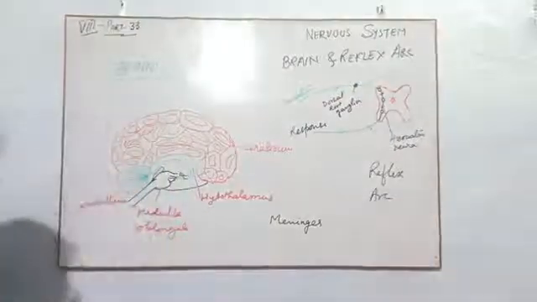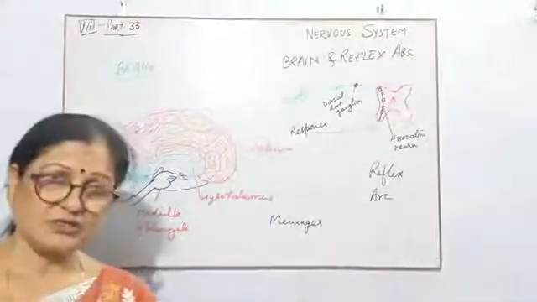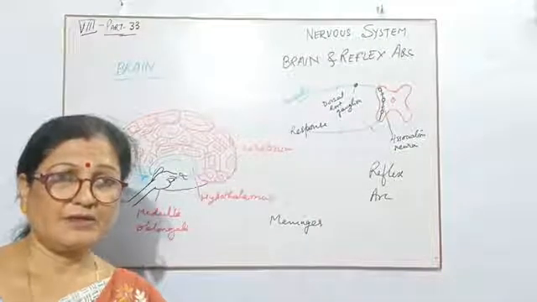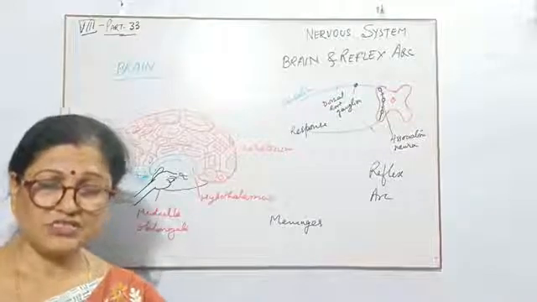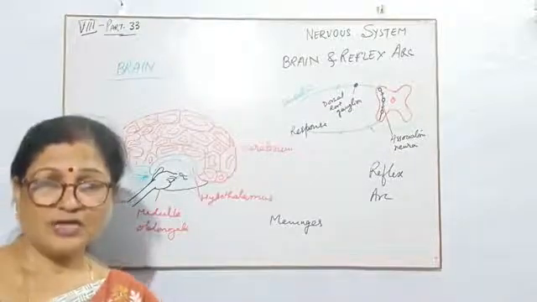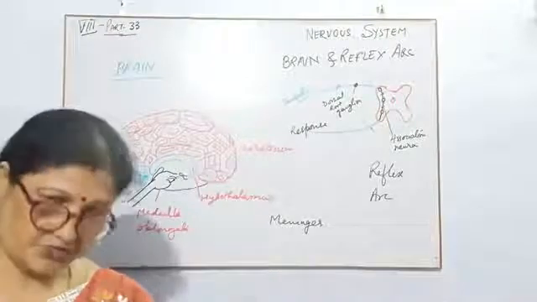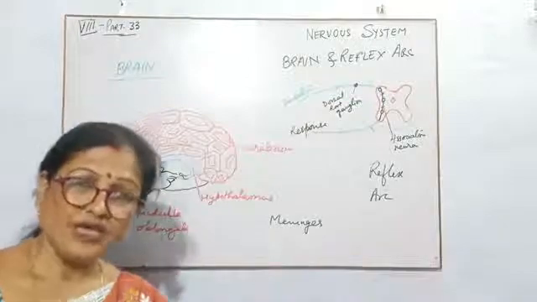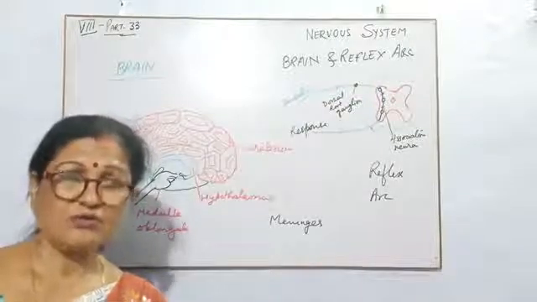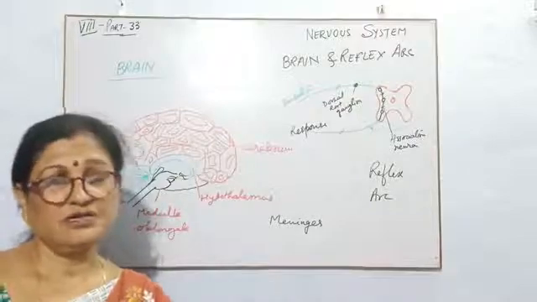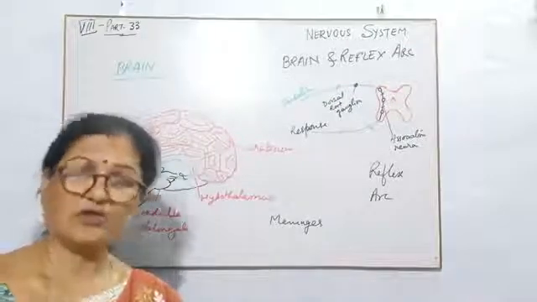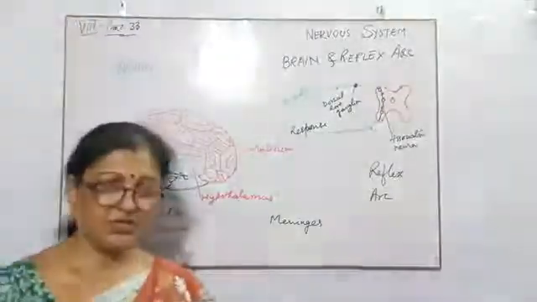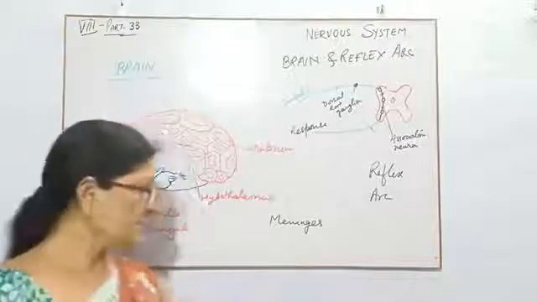This cerebrospinal fluid has a main function to protect from the shock and jerk which can be given from the outside, and the second function is to provide nutrition to the neurons of the brain, or you can say the brain tissue. So these two functions are done by the cerebrospinal fluid.